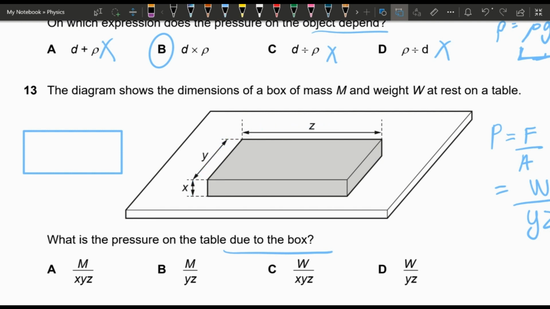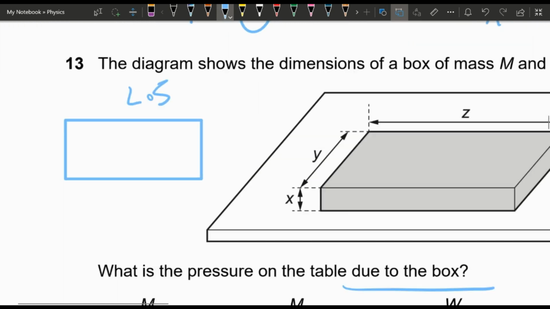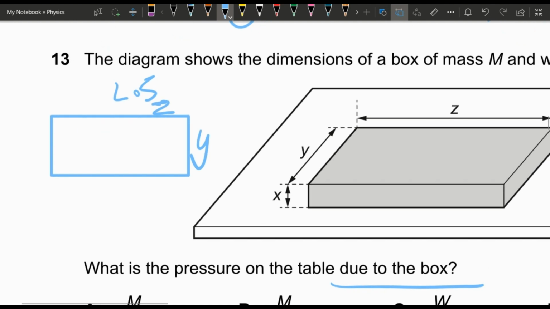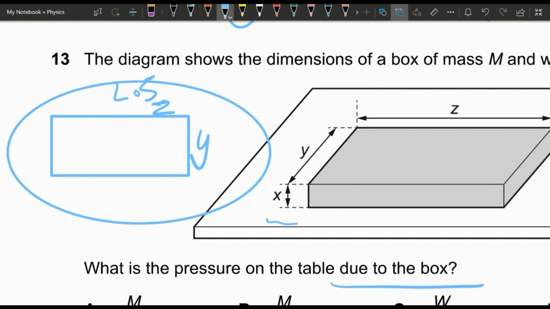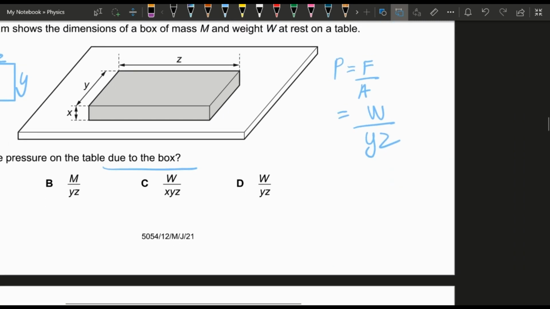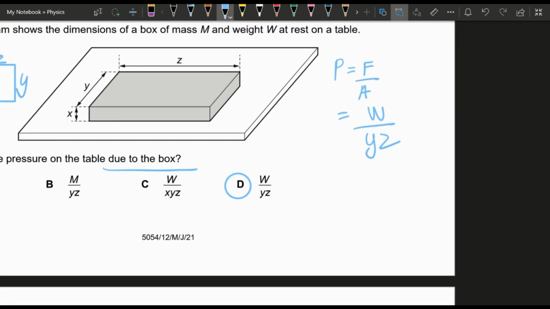If you look at the lower surface, which I've drawn over here, this is the lower side, right? So this will be y and this will be z. So it will be y times z. Why? Because this lower side is in contact with this base, not the whole surface, which is why I'll do y times z. Our correct answer will be option D, right?